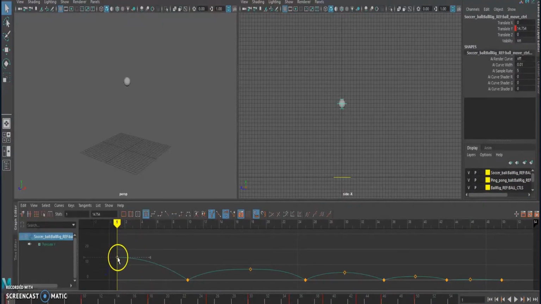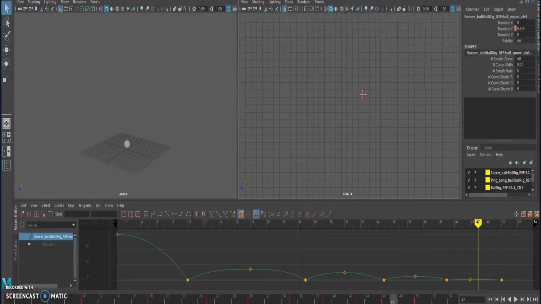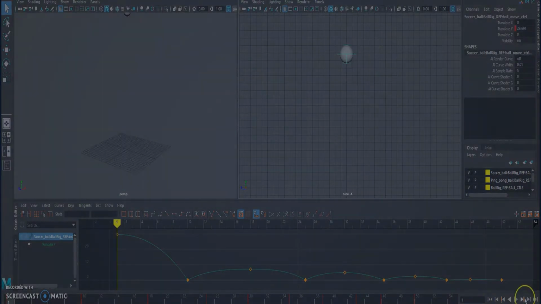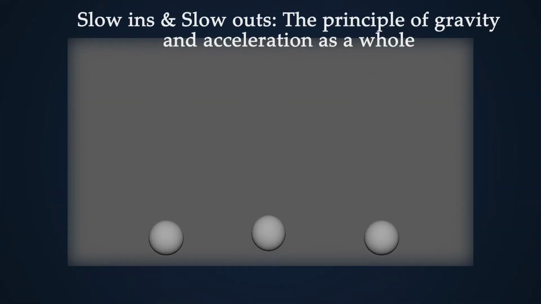Here we can see that the connection between the two keyframes is not a straight linear line, rather it's curved. It starts off slow as the ball begins its motion and picks up in speed as it accelerates due to gravity. Although we can see computer animators have a much easier time of implementing slow ins and slow outs through the use of tangents, we can still see that the principle still applies here.